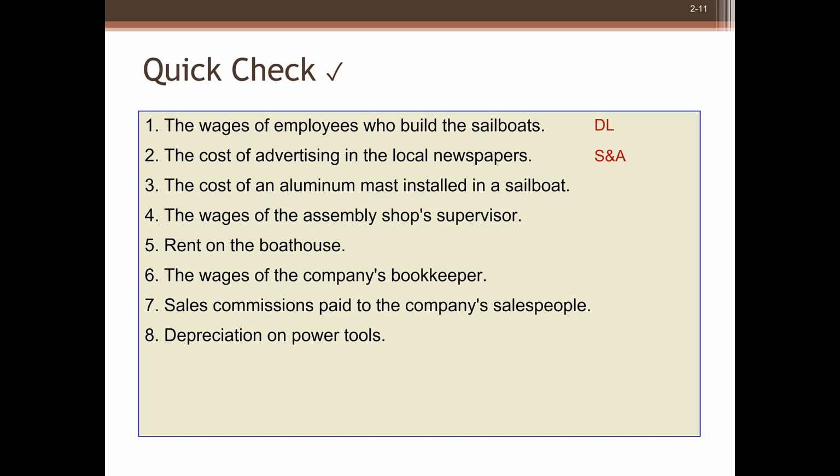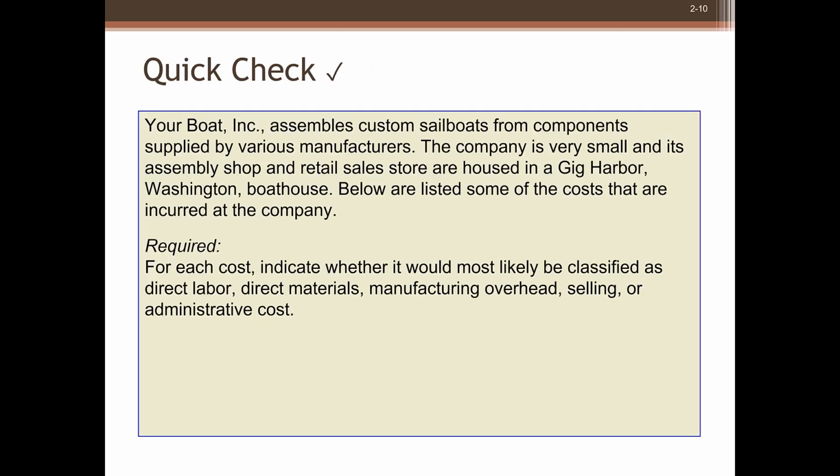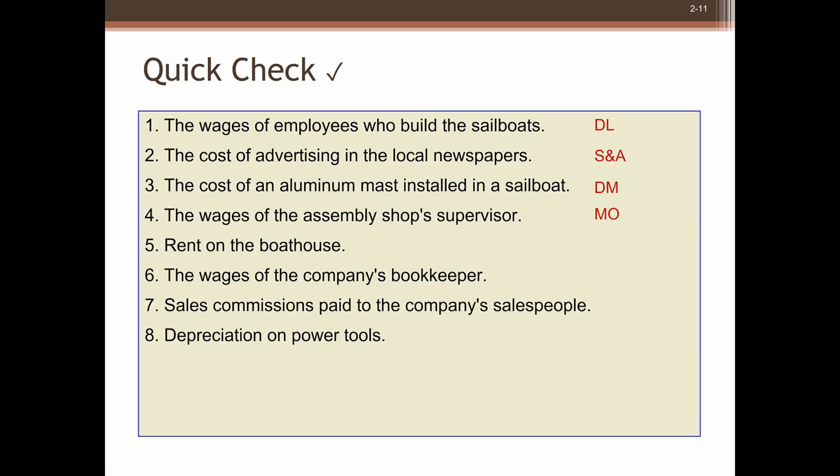If we go back and take a look at the question again, the assembly shop and retail sales store are in the same place, the boathouse. So the boathouse is used for assembly and selling purposes as well. So here, rent on the boathouse will be classified as both manufacturing overhead and S&A.